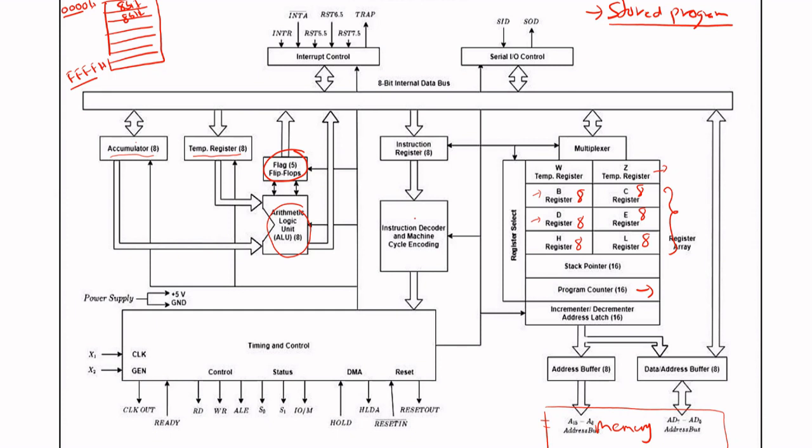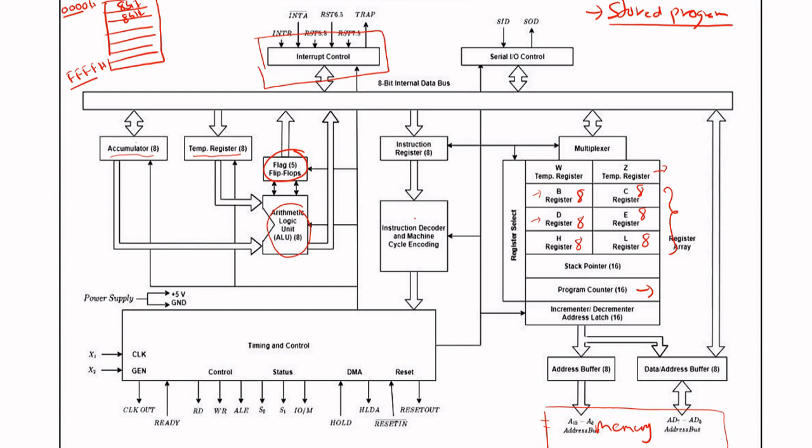Now we have interrupt control, which is basically used to generate interrupts to the microprocessor from the external peripherals connected to it. So basically, the microprocessor might be doing some task at an instant. We might have connected a keyboard somewhere in one of these pins here, and then we're supposed to ask the microprocessor to read the data from the keyboard at a particular instant.